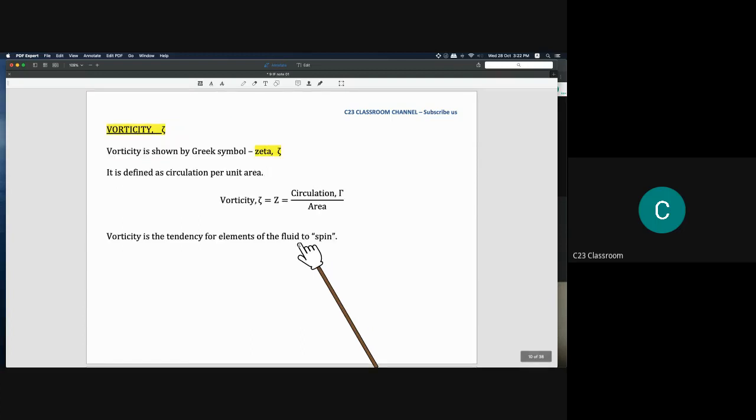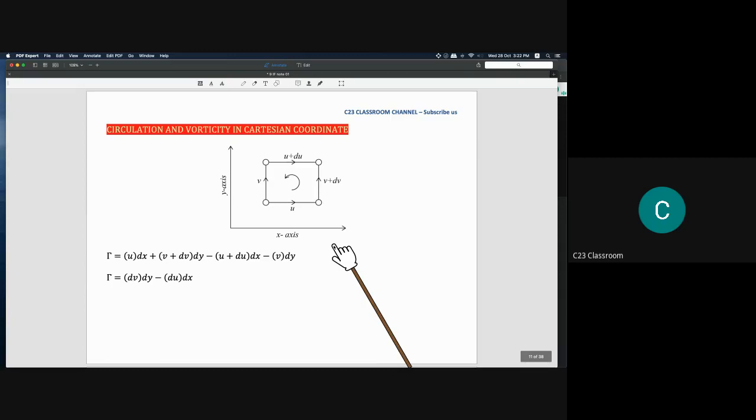Because the length of a certain molecule is not an absolute unit to define the strength of that situation, scientists proposed another term called vorticity. It's written as zeta, and its equation is circulation gamma divided by the area. What is vorticity? It is the tendency for an element of the fluid to spin.